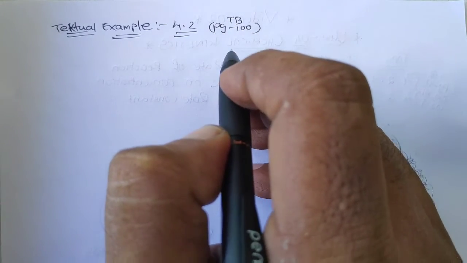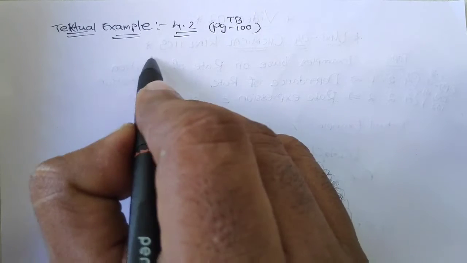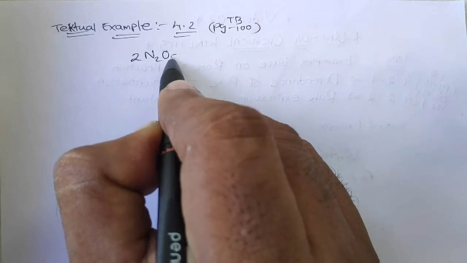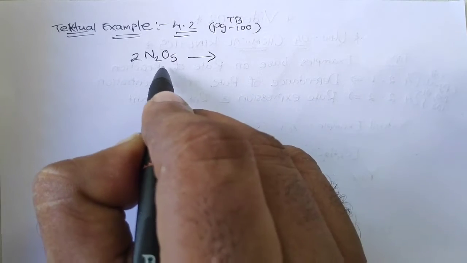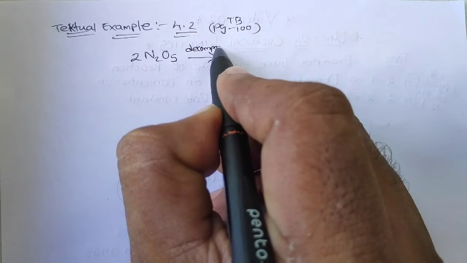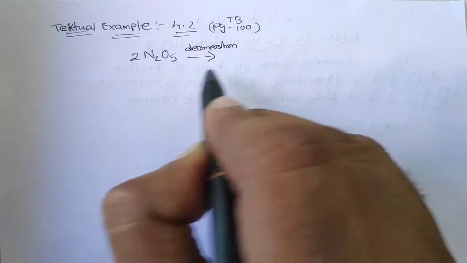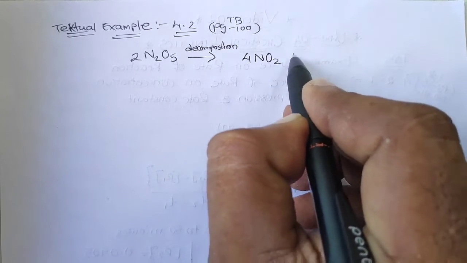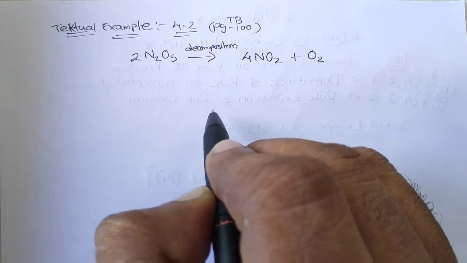Now in this case, first of all I write the chemical reaction. You can see 2N2O5 gives, that is decomposition. What is this? Decomposition reaction. Decomposition of N2O5 gives you 4NO2 plus O2, like this we write, right?